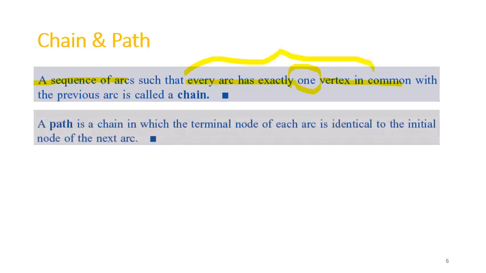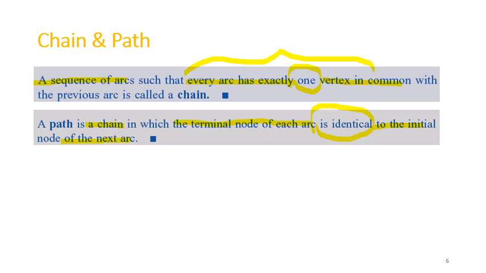A path is a chain. It means that we have a sequence of arcs, and every arc has exactly one vertex in common with the previous one. But the difference is that a path is more specific, such that the terminal node of each arc is identical to the initial node of the next arc.